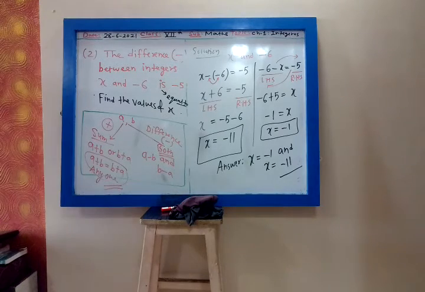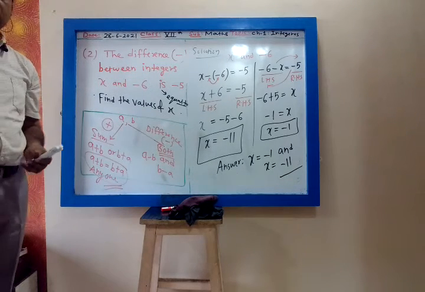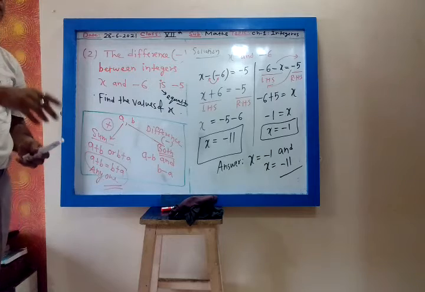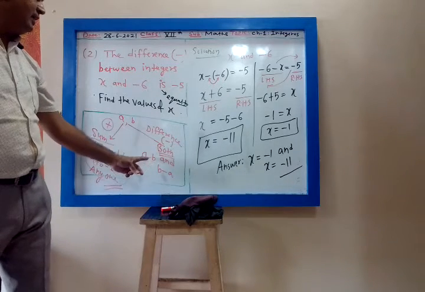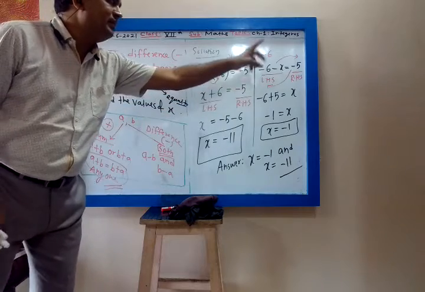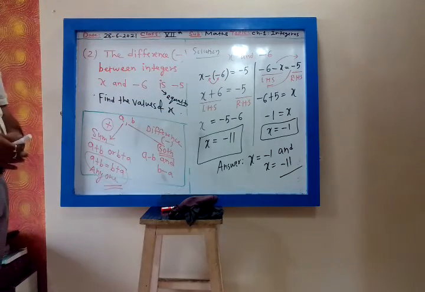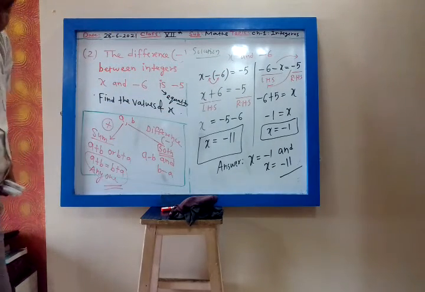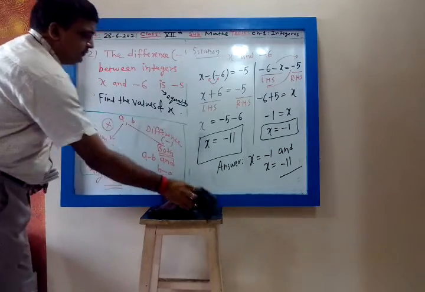Because in sum we write only a plus b, but in difference we write a minus b and b minus a both. So this is a minus b and this is b minus a.